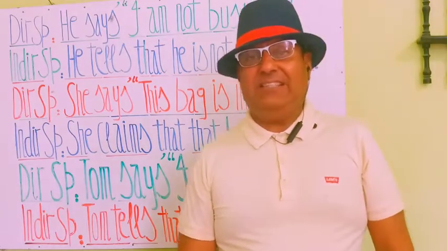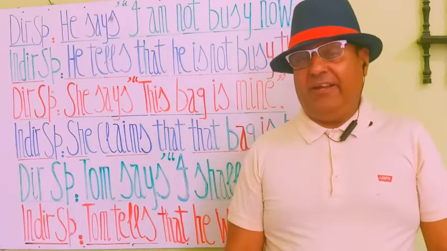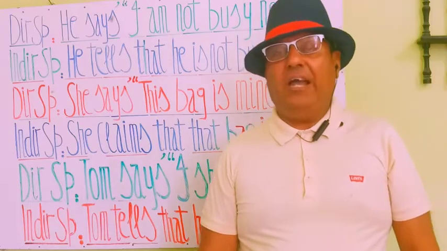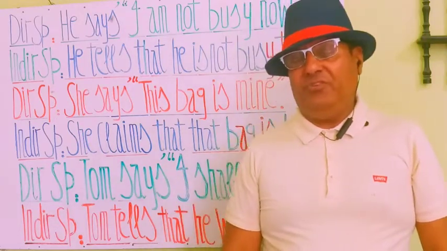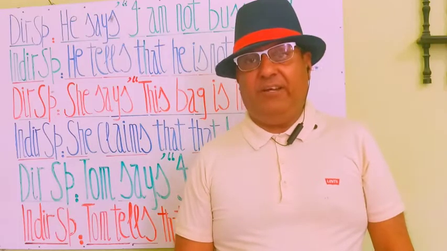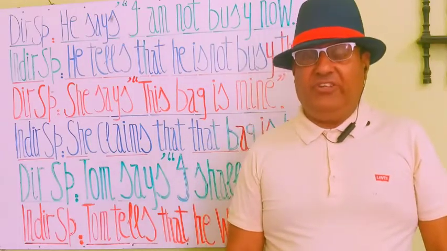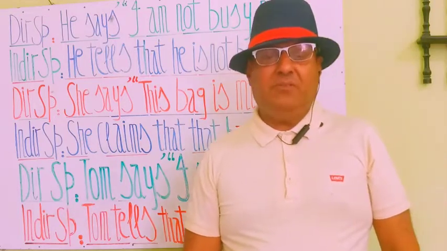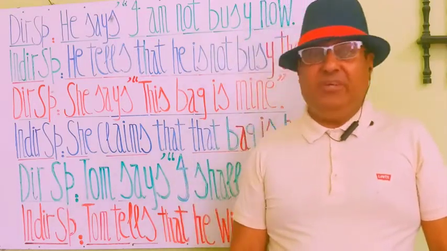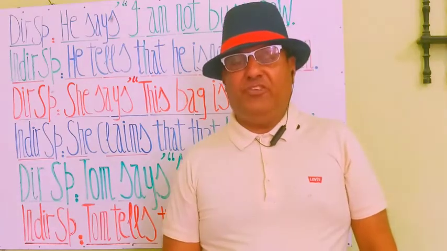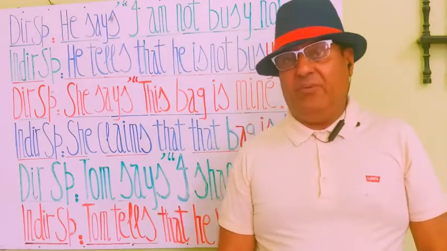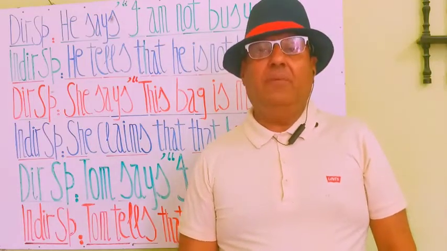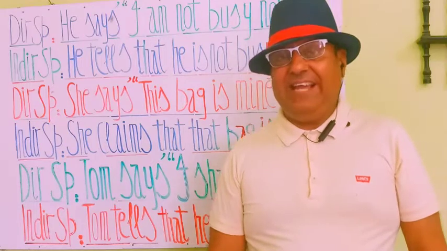First part is he says, comma, inverted comma start, and inside the comma we say, I'm not busy now, comma close, full stop. So this is the second part of direct speech, which is inside the commas. So always remember that direct speech is always in two parts. First part, then second part inside the commas. Now we saw exchange. In direct speech you say that he tells.